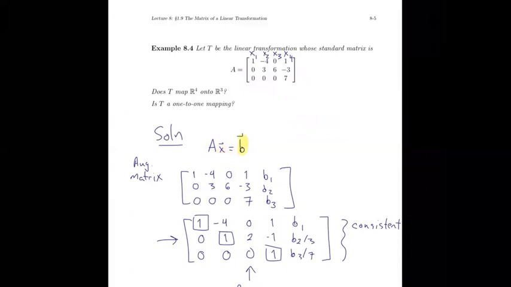In other words, for every B in Rm, is there a solution to this equation? If there is, then we can find an X such that A of X equals B. So we can map X to B through T or through its matrix A.